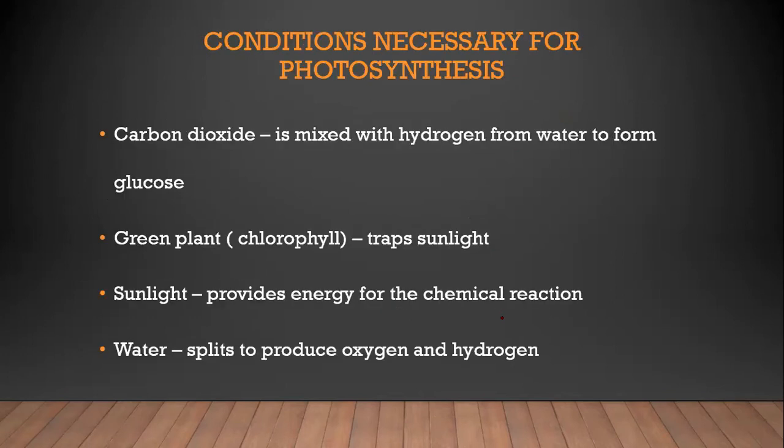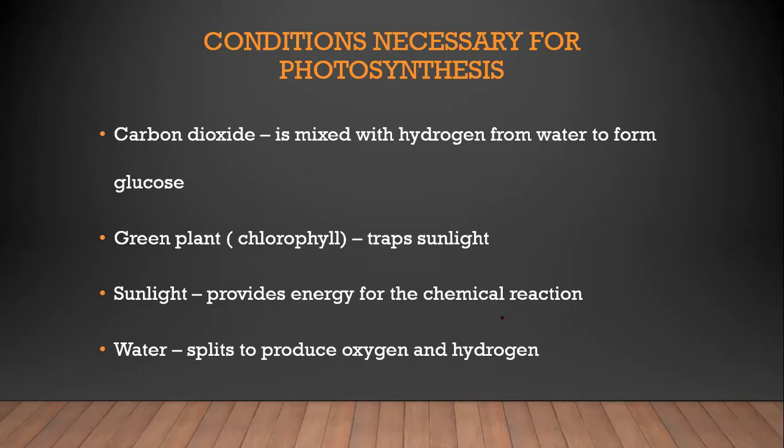Now, what are the requirements for photosynthesis? So here are the 4 major conditions that are needed for photosynthesis to take place. If one of these is missing, then photosynthesis cannot take place. Now, the first one is carbon dioxide. Carbon dioxide is the one that is mixed with the hydrogen from the water to form the glucose.